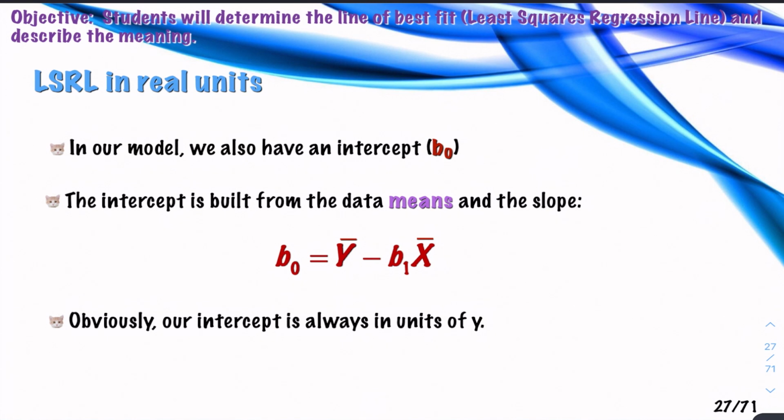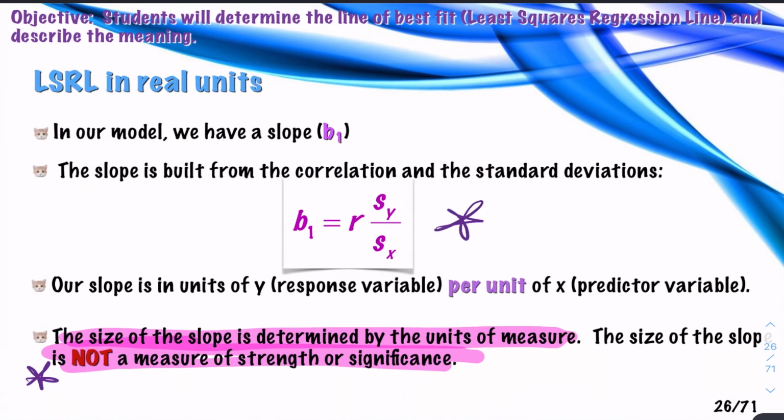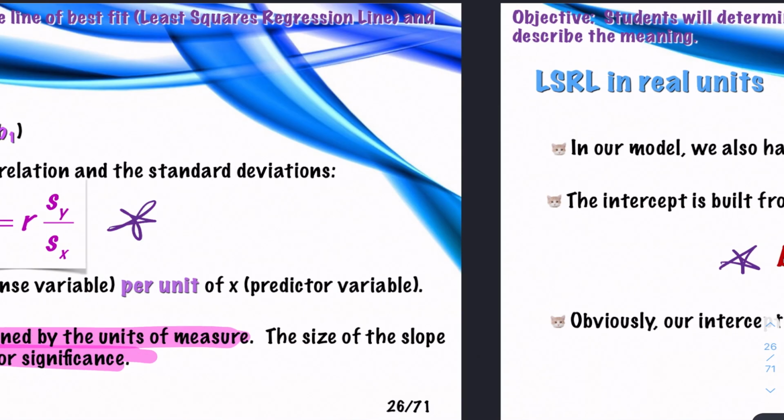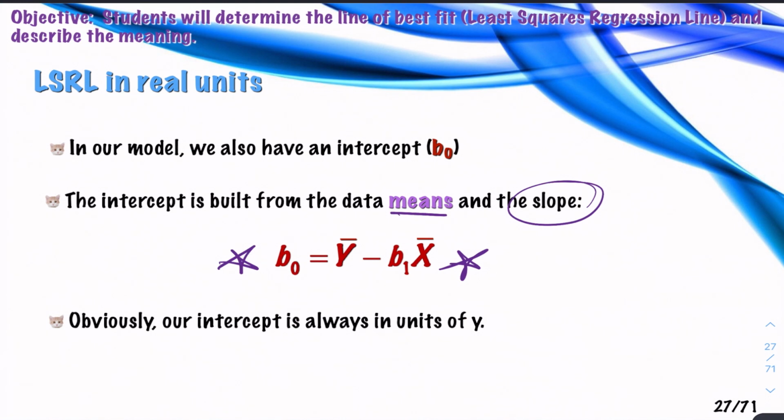So in our model, we also have an intercept, or b naught. The intercept is built from the data means and the slope. Again, I would put this formula on your big concept review sheet, along with these sentence structures. So how do you find the intercept?